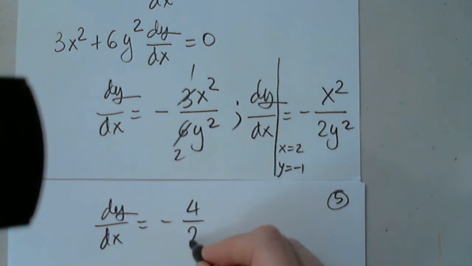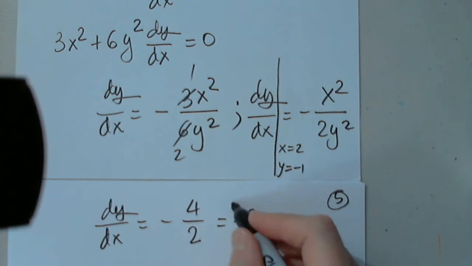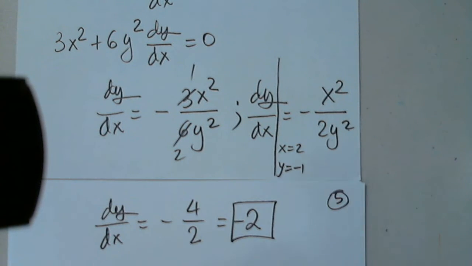So 2 times 1 is 2. So the answer is negative 2. So the rate of change of this function with respect to x at the given point 2 comma negative 1 is negative 2.